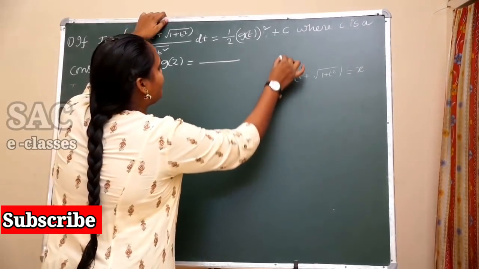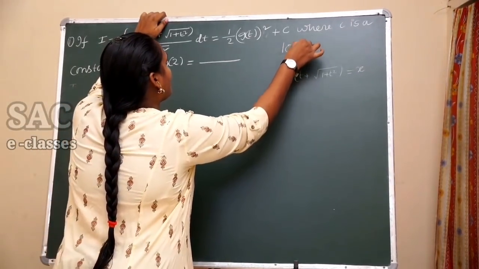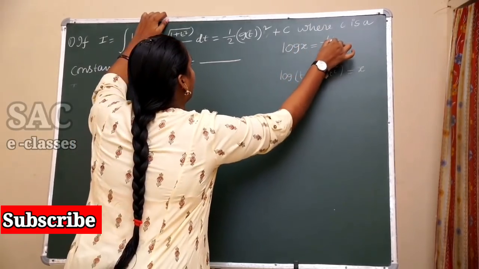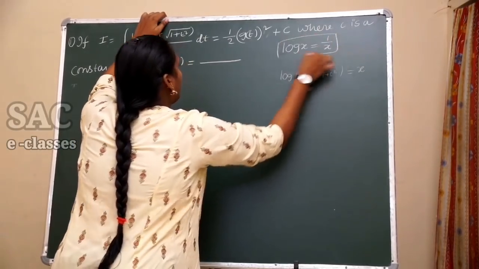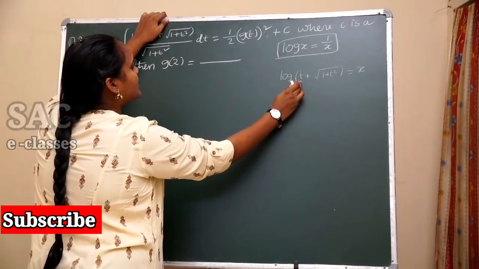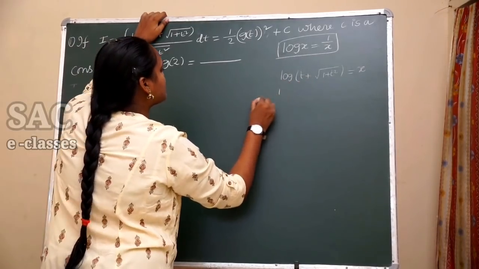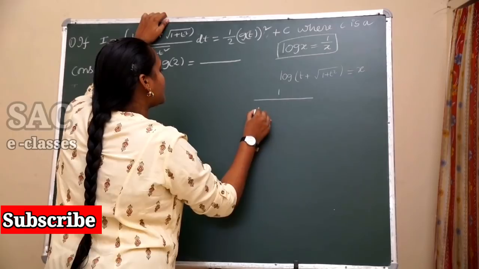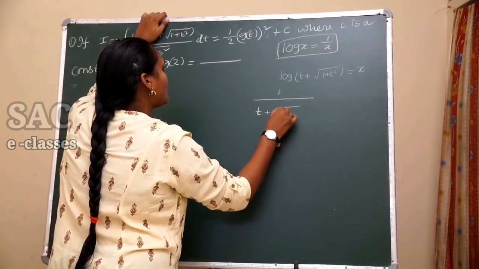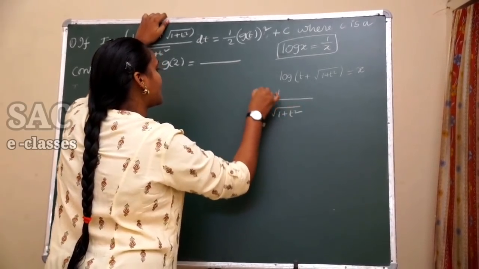You know that the differentiation of log of x is equal to 1 by x. So the differentiation of log of t plus root over 1 plus t square is 1 by t plus root over 1 plus t square, times the differentiation of that function.